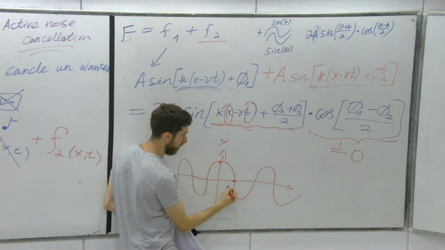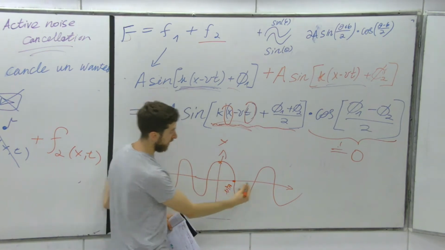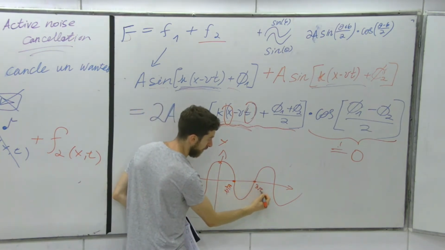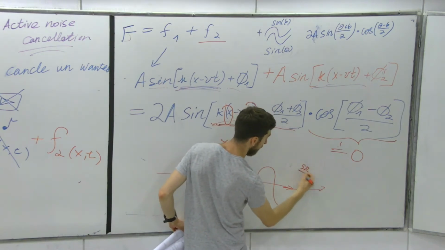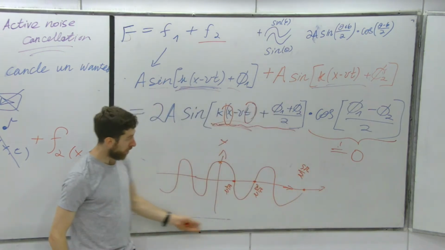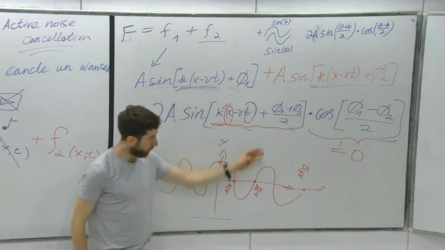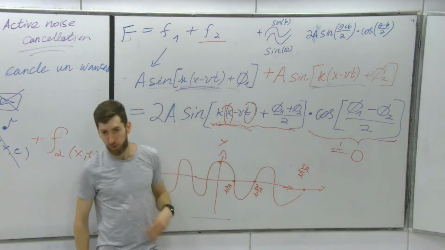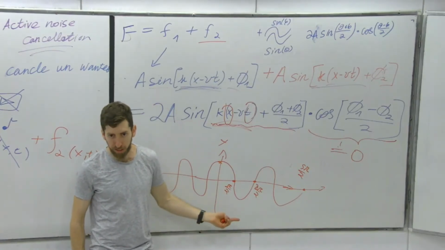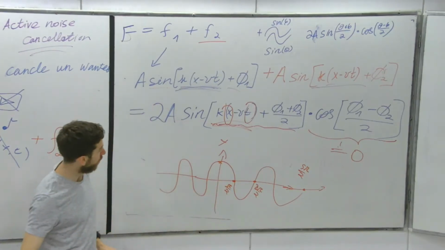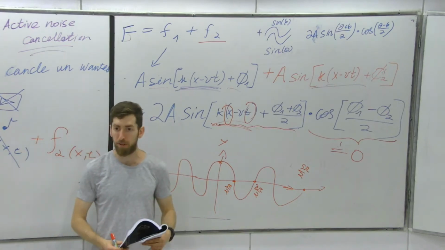This is pi over 2, right? This is 3 pi over 2. And this one is 5 pi over 2, right? So in general, every odd number divided by 2 multiplied by pi is gonna give me 0. You see this pattern going on, right? So how do we write an odd number in math, you know?